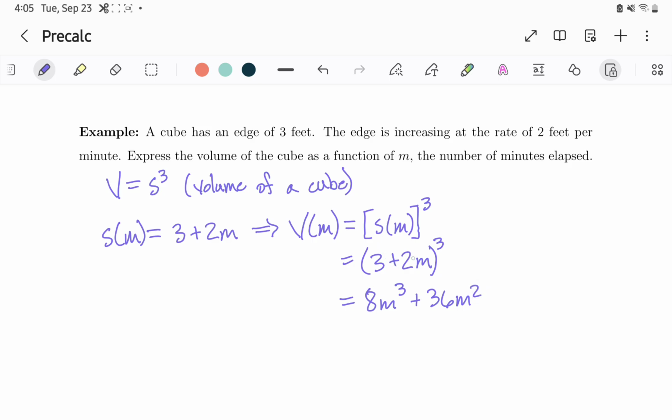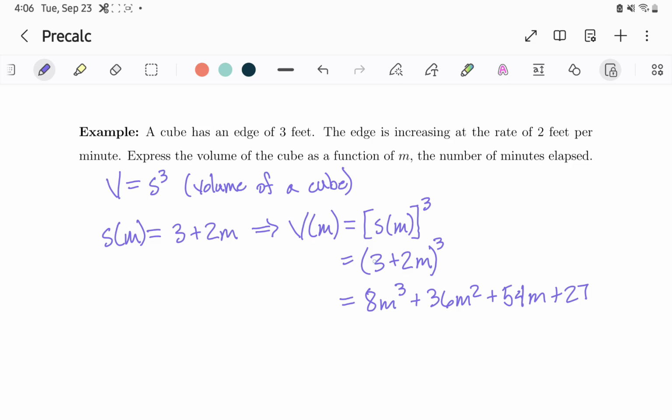And then for our next term, we're going to have 3 squared is 9, and then times 3 again is 27, and then times 2 is 54, so plus 54m. And then finally plus 3 cubed, which is going to be 27.